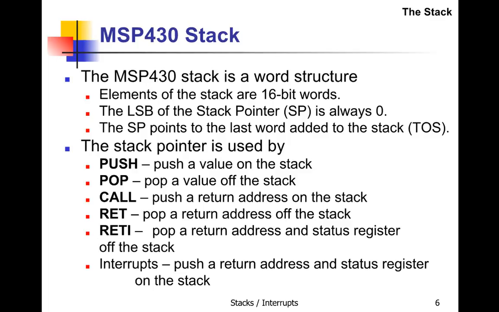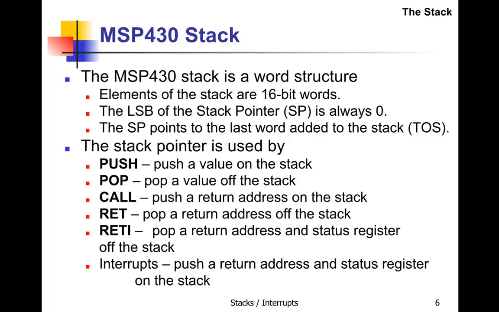These are assembly instructions. A push instruction puts a value on the stack. A pop instruction pops the value off the stack. A call instruction pushes the return address on the stack. A RET instruction pops a return address off the stack. And a RETI instruction pops the return address and status register off the stack.